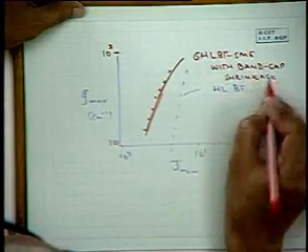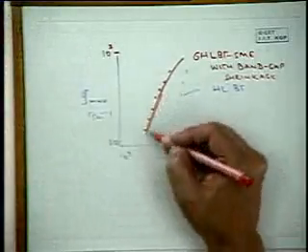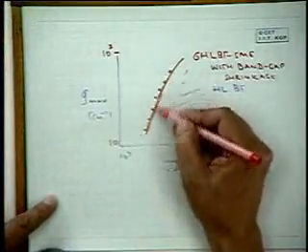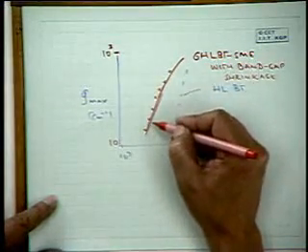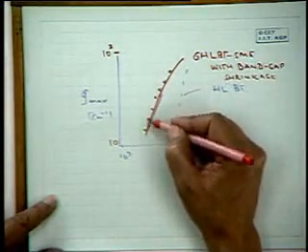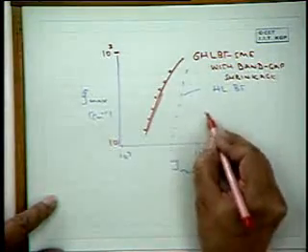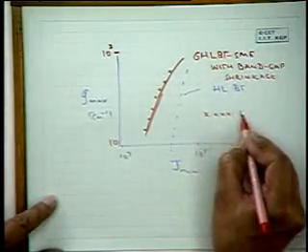So you see, once you have something as close as this, there is some reasonable agreement between experiment and theory.